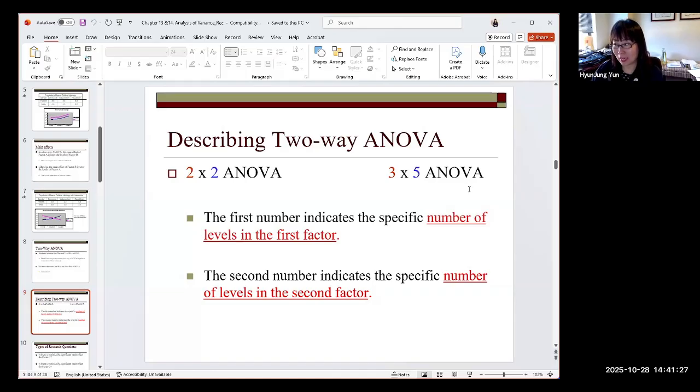And also you can say a 3x5 ANOVA test. So that means it's a two-way ANOVA test. The first independent variable has three groups to compare, such as maybe party ID: Republican, Democrat, Independent. And the second independent variable, five, means they have five groups to compare. Maybe religious denomination, practice or ethnicity.